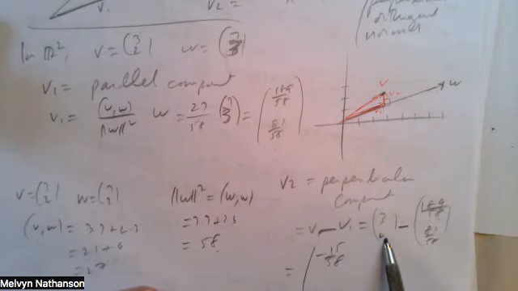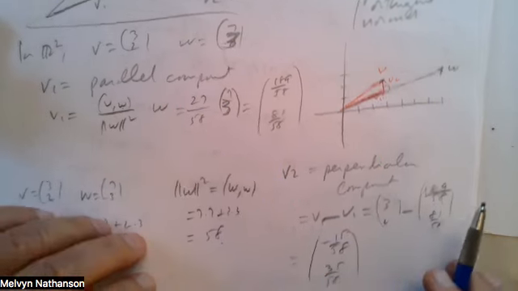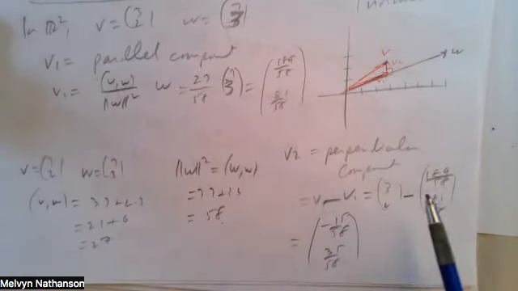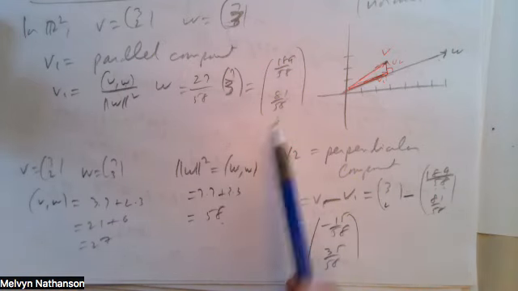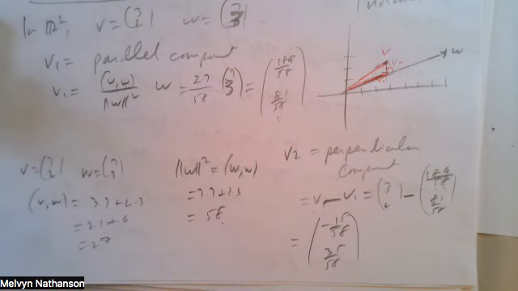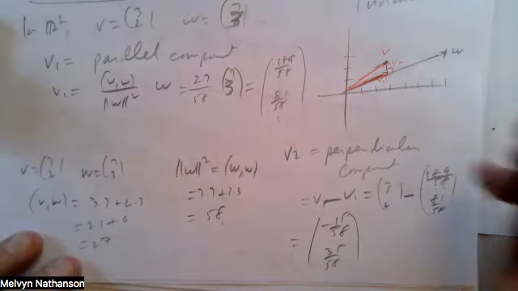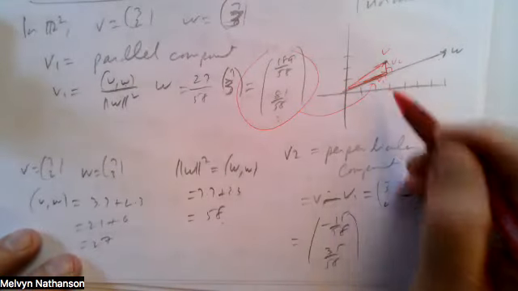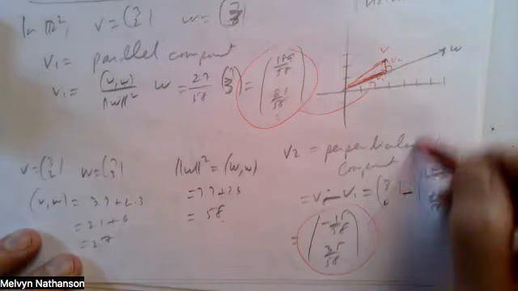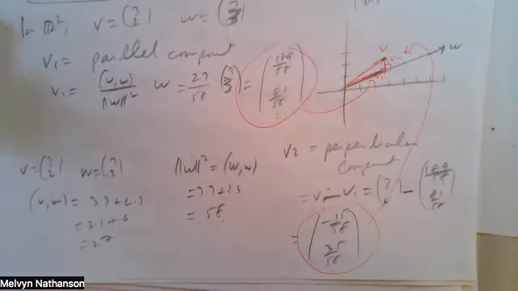And 2 times 58 is 116, so this should be 35 over 58. So these are the components: that's the parallel component, and this is the perpendicular component.